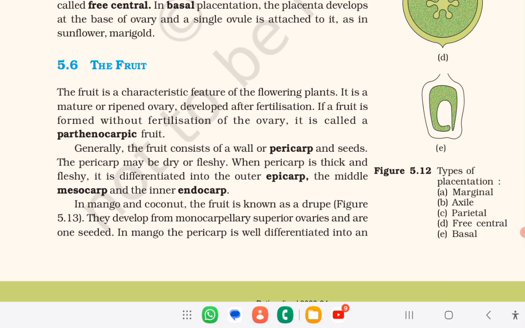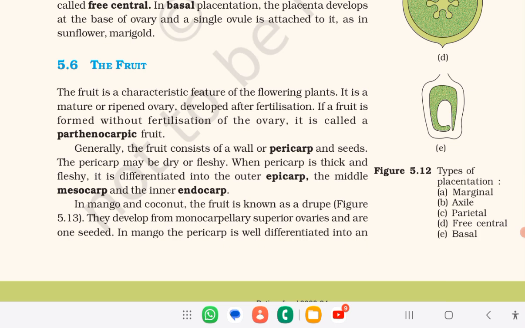When the pericarp is thick and fleshy, it is differentiated into outer epicarp, the middle mesocarp, and the inner endocarp. In mango and coconut, the fruit is known as drupe. They develop from monocarpellary superior ovaries and are one-seeded.